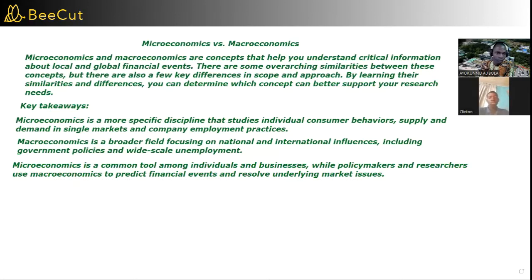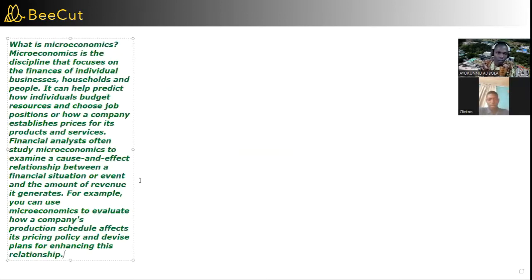So now, going back to the definition, we're going to be taking them one by one. We want to define what microeconomics really is. Then we will also define what macroeconomics is. So can I clear the screen now? Yes, sir. Okay. Now, what is microeconomics?